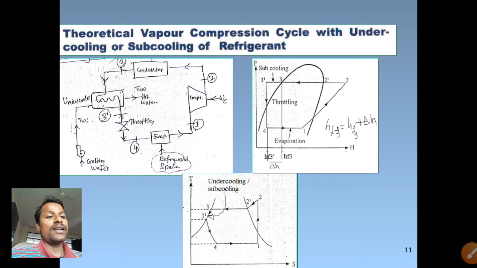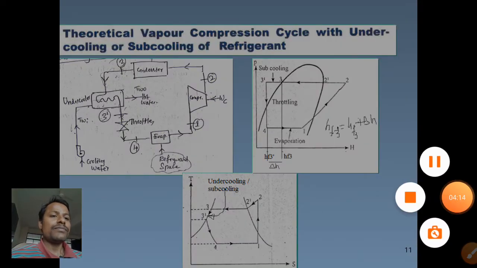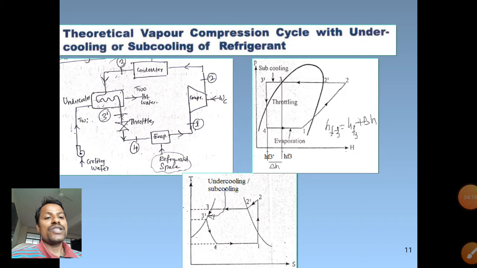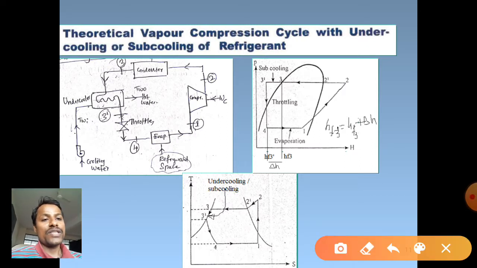So here we can observe from the temperature entropy diagram. This is the saturated liquid line, this is the saturated vapor line. Assume that at the inlet of the compressor it is wet, as we have indicated, then at the outlet after compression, assume that it is superheated.